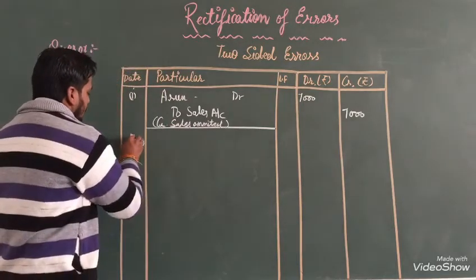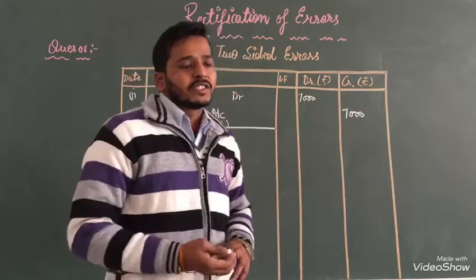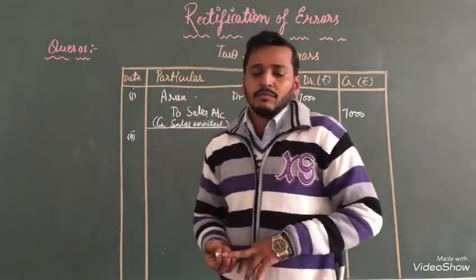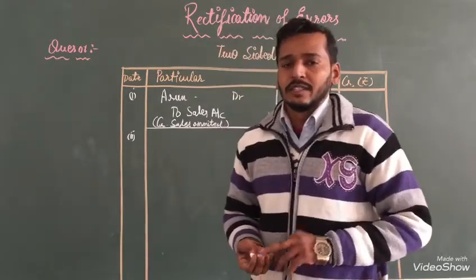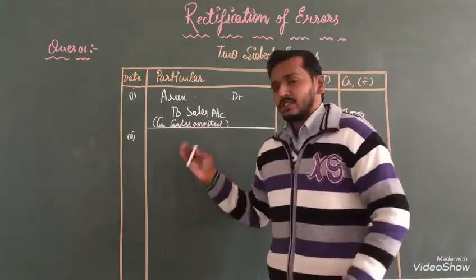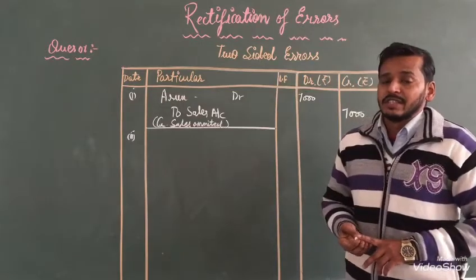Second, suppose the next line is: credit purchase from Bridge 9,000 were not recorded. If this type of question comes in front of you, you just have to explain it with the same entry.